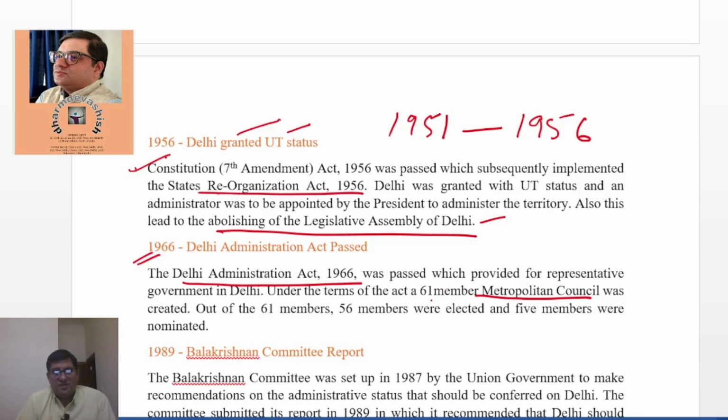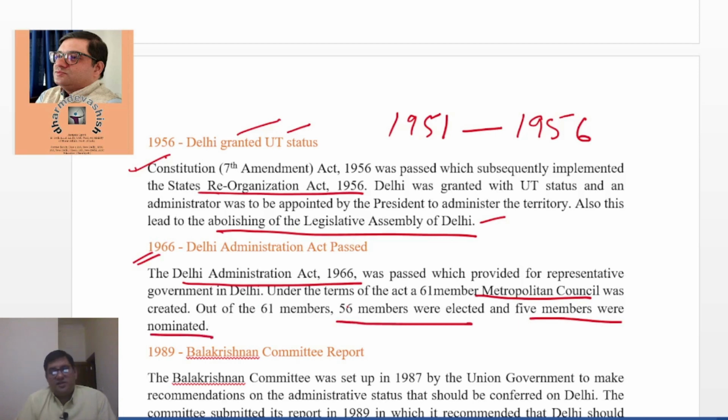Now, what was the strength or the membership? It was of 61 members. The membership of this Metropolitan Council was that of 61 members. And out of 61 members, 56 members were elected and 5 members were nominated.